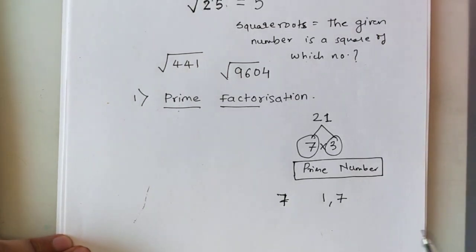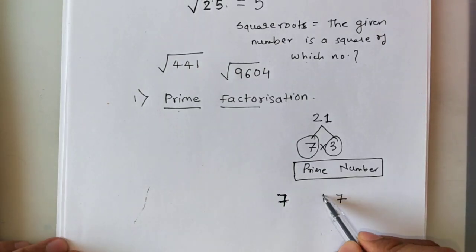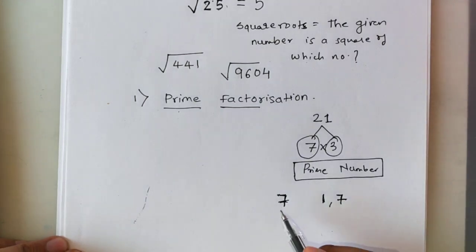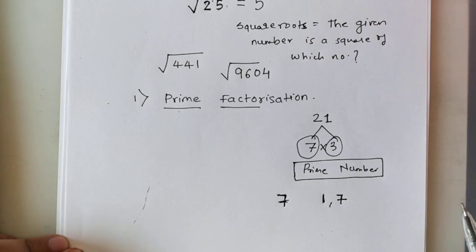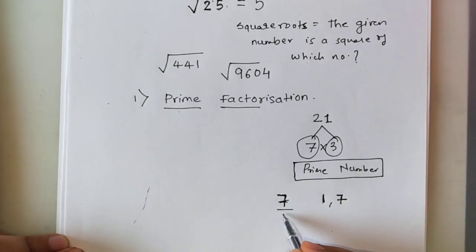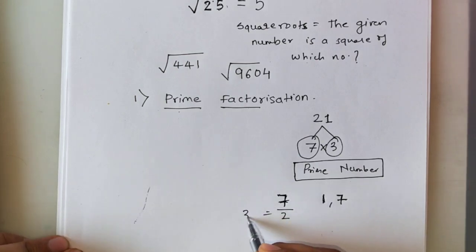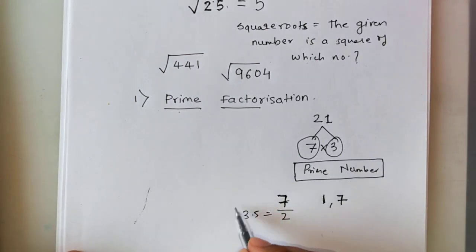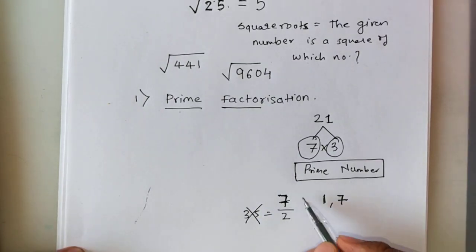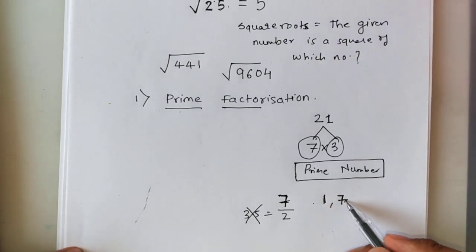No other number can divide 7 without giving a decimal value. For example, I can divide 7 by 2, but you will get 3.5. That is a decimal value, so we do not consider it. It should be perfectly divisible. So I cannot divide 7 by any number except 1 and 7. That is why 7 is a prime number.